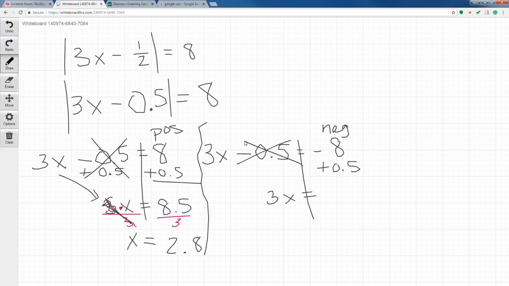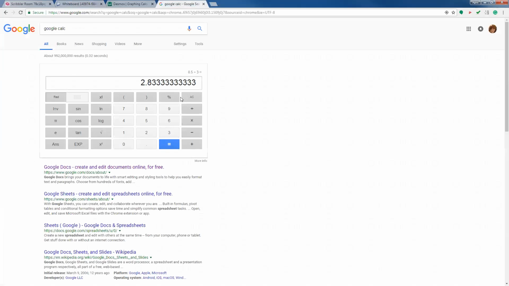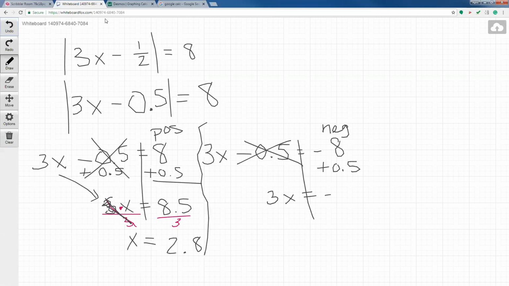But this time, since it's a -8, let's go to our calculator again. -8 plus 0.5. Okay, got to make sure this is all in the right order. Okay, plus 0.5 is -7.5. So our answer came out different.